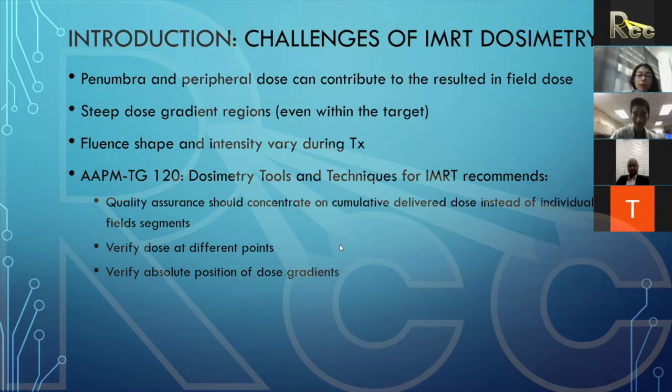According to the TG120, they recommend that you verify the dose at different points. Also, that you should do quality assurance concentrating on the cumulative delivered dose instead of individual field segments. And also that you should verify the absolute position of the dose gradients.